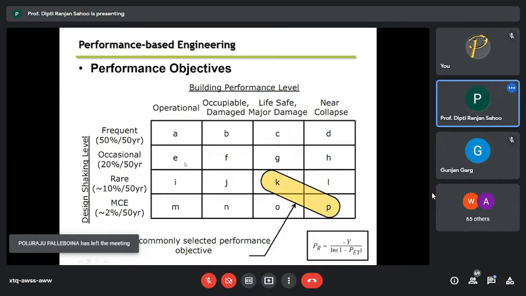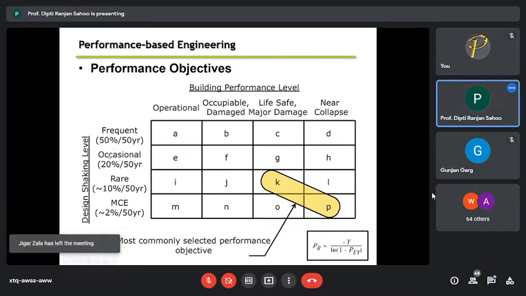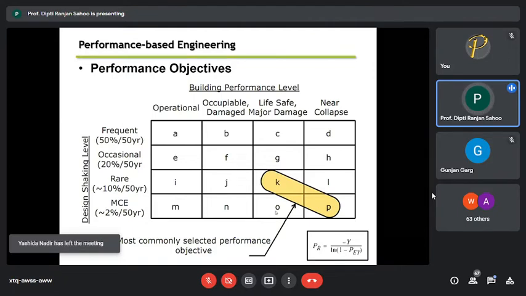So if you see the EJO, this is more stringent than AFKP. Occasional, operational, or if I say that O is maximum considered earthquake, life safety, probably I am looking for a hospital building, a water supply facility, a telephone facility, structures like this.